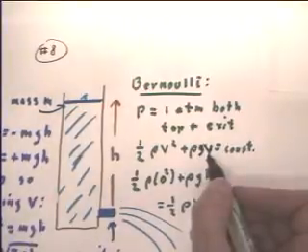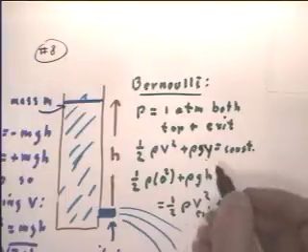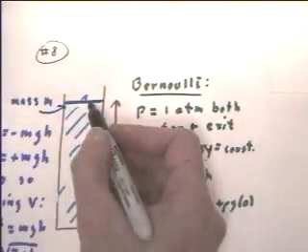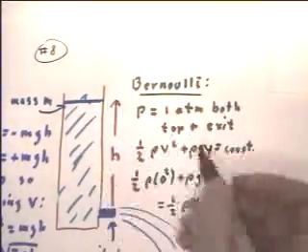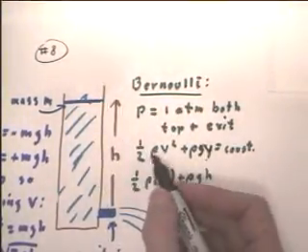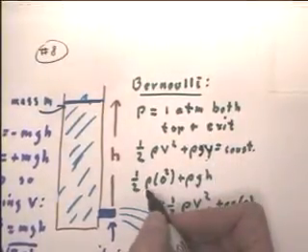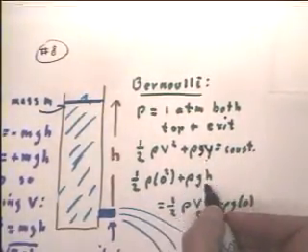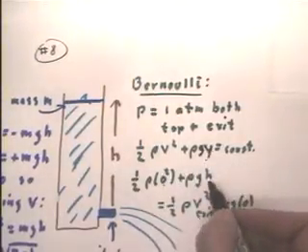Now y changes from h here to 0 here. So at the top the velocity is 0 and y is equal to h. So 1/2 rho v squared plus rho g y is 1/2 rho times 0 squared plus rho gh. Again, velocity is 0, altitude is h.